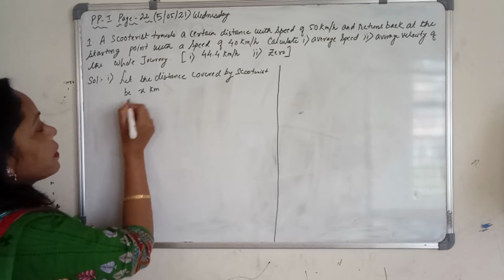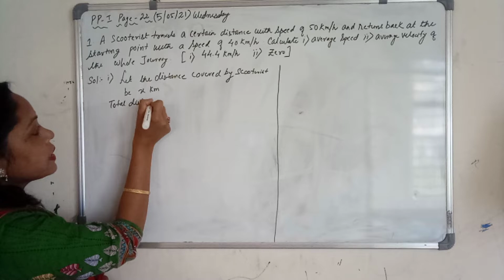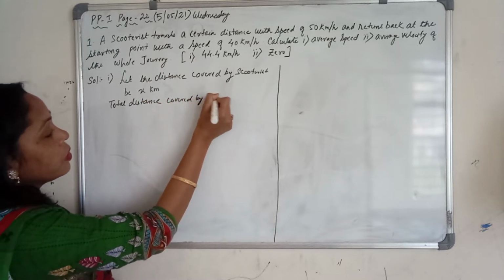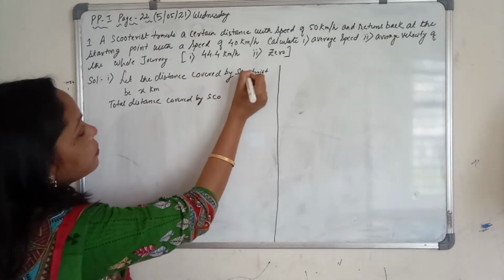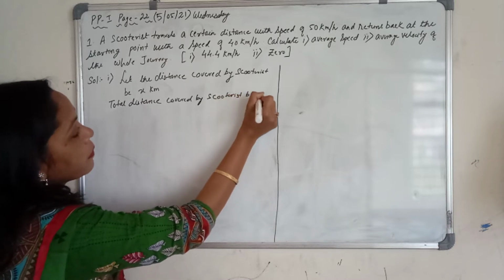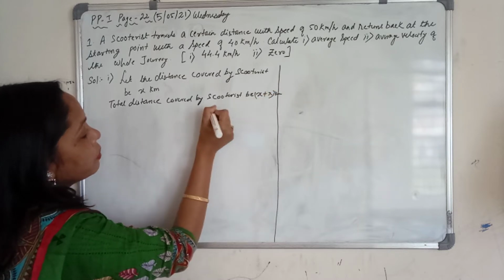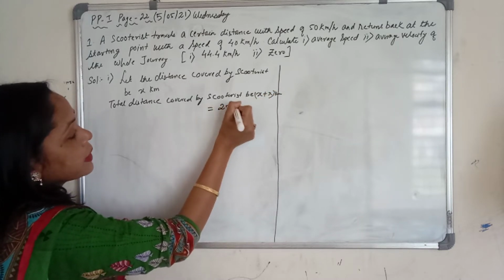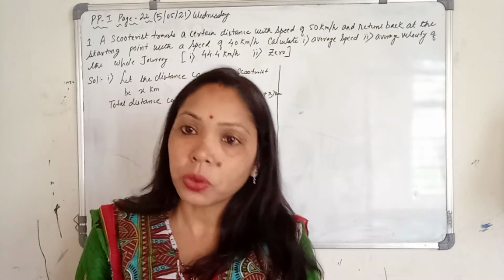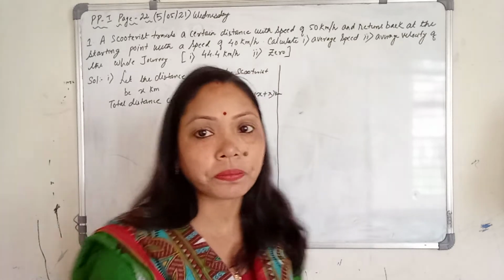So total distance covered by the scooterist will be x plus x kilometer, which is equal to 2x kilometer. So here we got total distance equal to 2x kilometer.